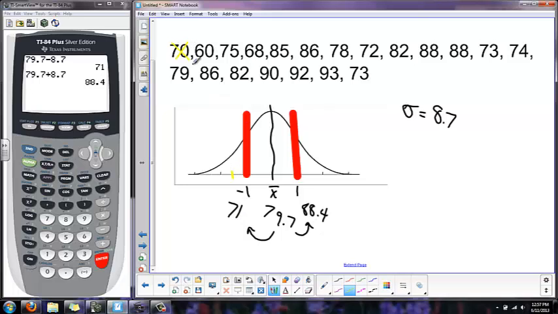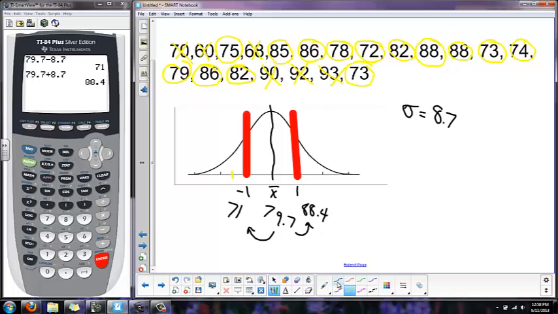It's right here, so that's out. 60 is below 71 as well. 75 is in between 71 and 88.4, so that's good. 68 is too low. 85 falls within that range. 86 is good. 78 is fine. 72, 82 make it. 88, yep, that's good because that goes to 88.4. 73 makes the cut, 84 makes the cut, 79 is within the range, 86 is within the range, so is 82. 90 is too big, 92 is too big, 93 is too big, and 73 is in there.